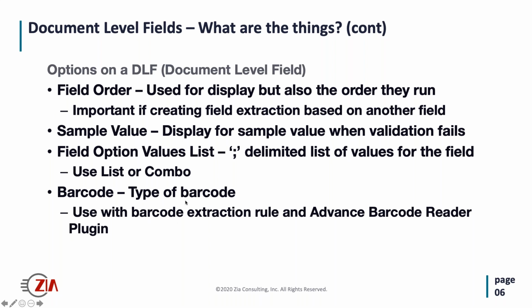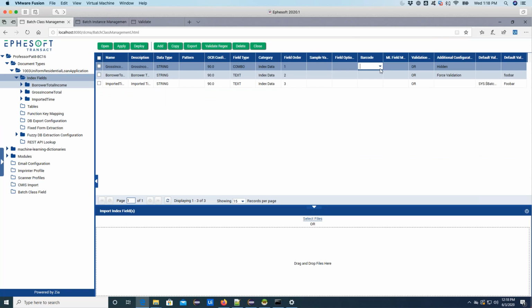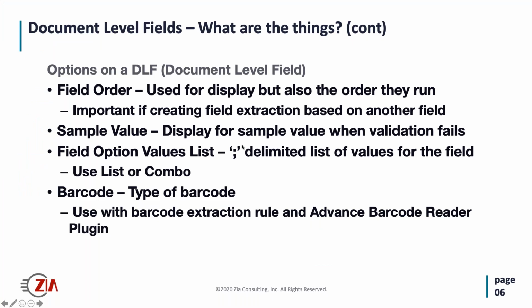The barcode is the type of barcode it is, which you can see here is a huge list of different kinds of barcodes. So it supports a lot, and that's used in conjunction with the barcode extraction you're using.